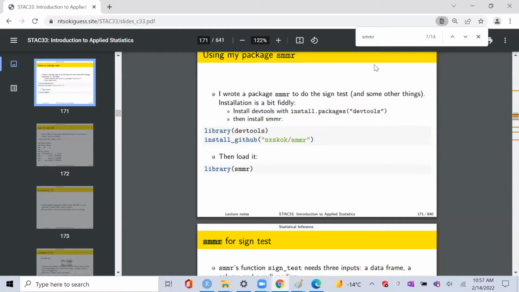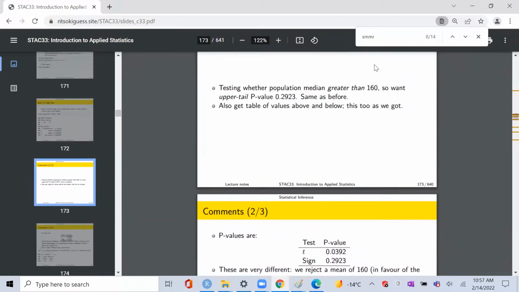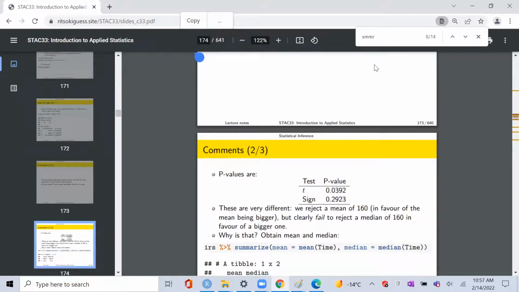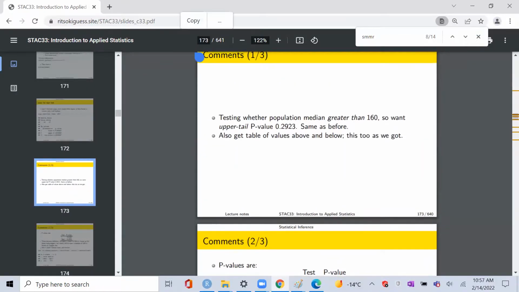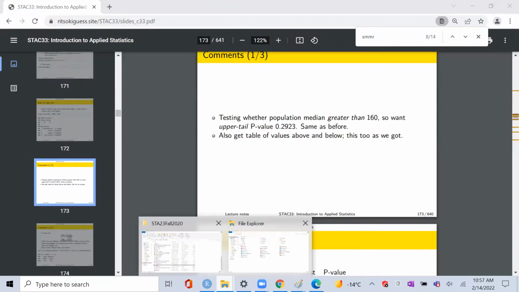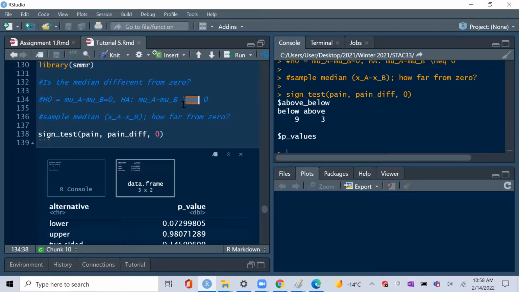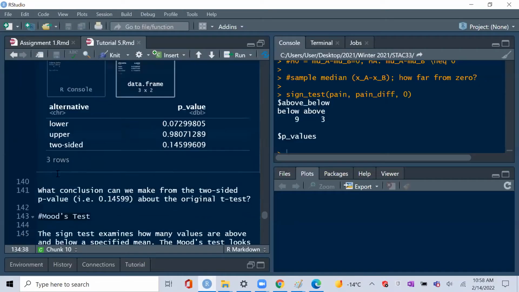In the example he has, you can see that the p-value you use depends on the direction of your test. Here, for instance, he was looking at greater than, so that's why he was using the upper. But here I specified less than, so I'm using the lower, right? And in this one here, I'm using not equal to. So that's why it's 0.14 here, but in what I have here, when I have less than, it would be 0.072. Just want to make sure that's clear for you guys.